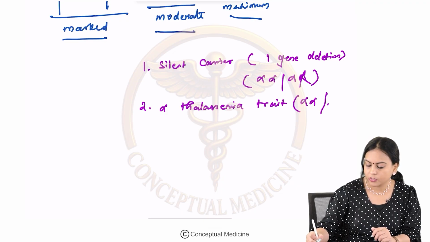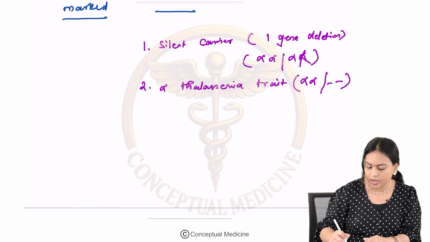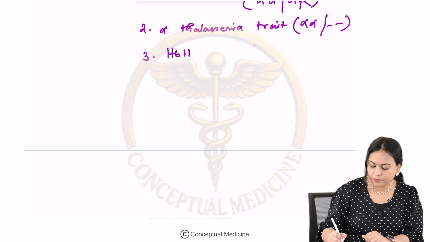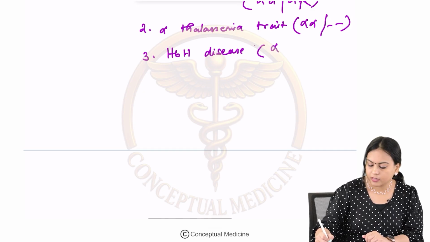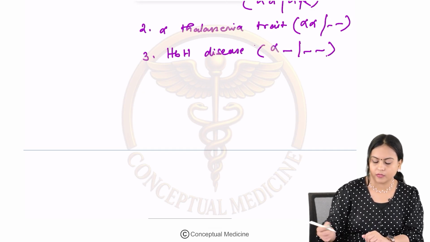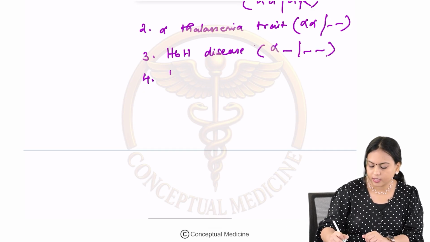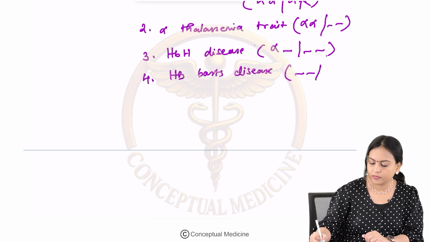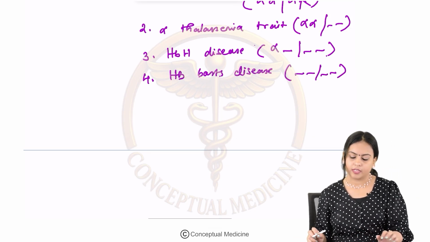So, two genes are gone. Next is HbH disease, that is three genes are gone. Next is Hb Bart's disease, all the four genes are deleted. Clear? Yes.